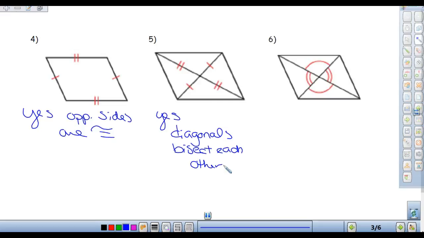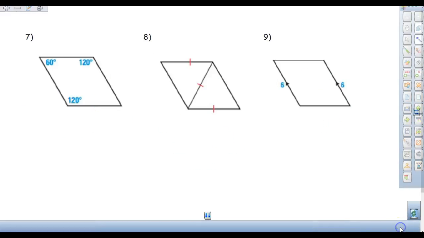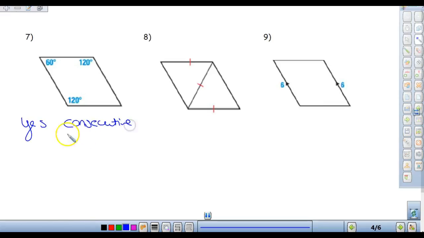Yes, it tells me that vertical angles are congruent, but that doesn't tell me anything about whether or not it's a parallelogram. 7. Yes. Why? Consecutive angles. Good. I'm not really sure what 8's even doing here, but definitely not telling us that it's a parallelogram.